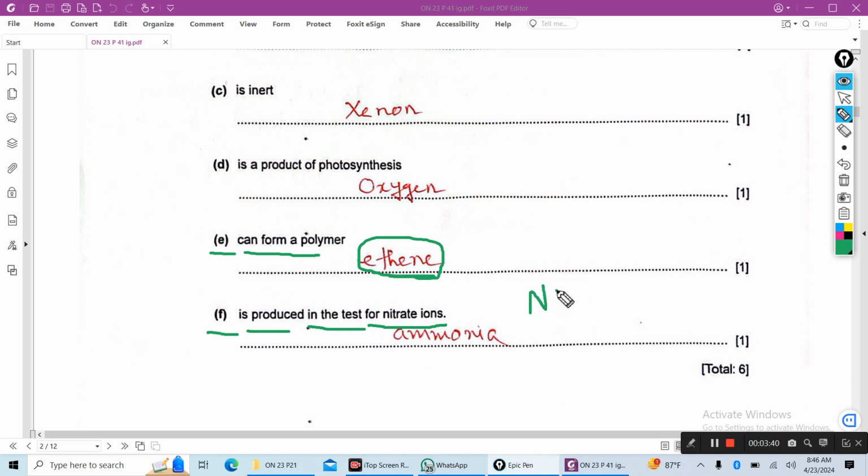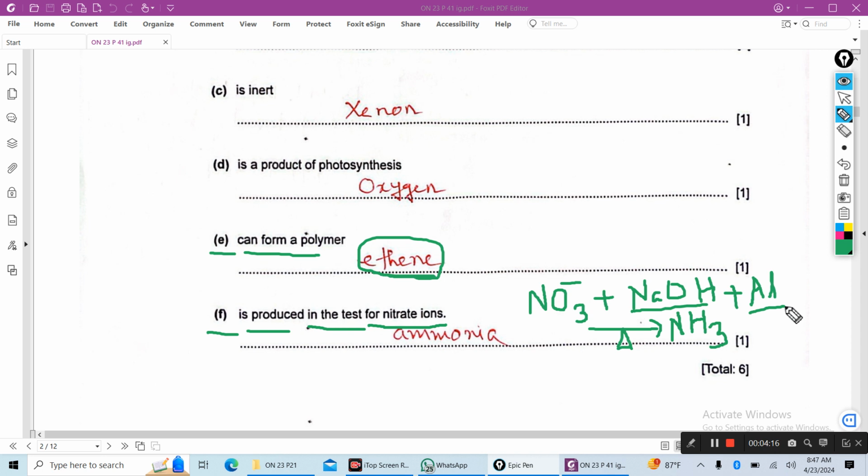Nitrate ion test: to any nitrate compound, if you add sodium hydroxide plus aluminum foil and give heat, ammonia gas is produced. So for the test for nitrate ion, to a small amount of nitrate compound, sodium hydroxide and aluminum foil are added and gently warmed.